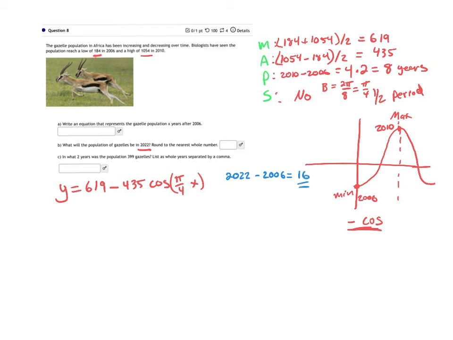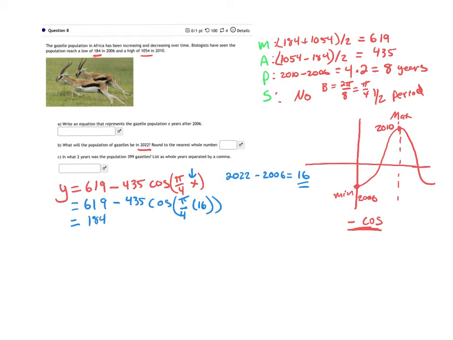So that's the number I'm going to put in place of x right there. So you have 619 minus 435 times the cosine of pi over 4 times 16. When you put that in your calculator, you're going to end up with about 184.